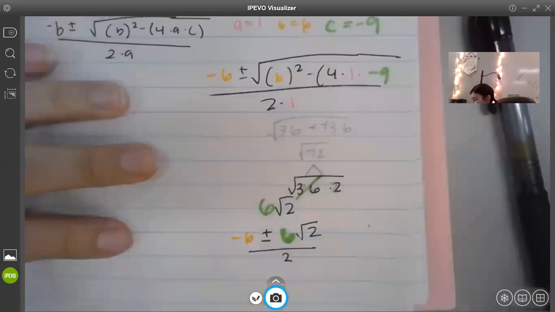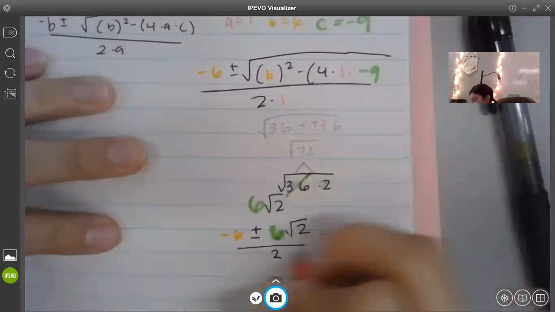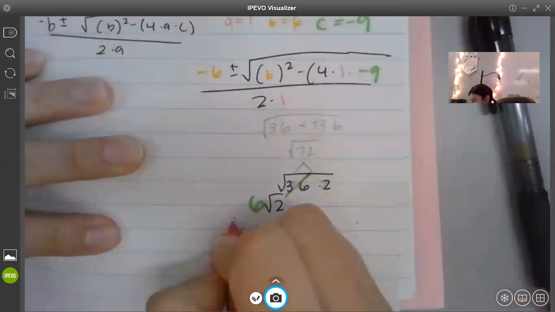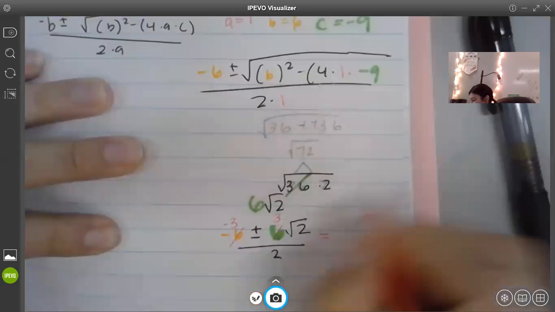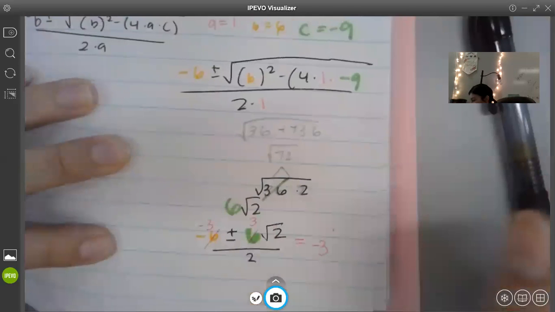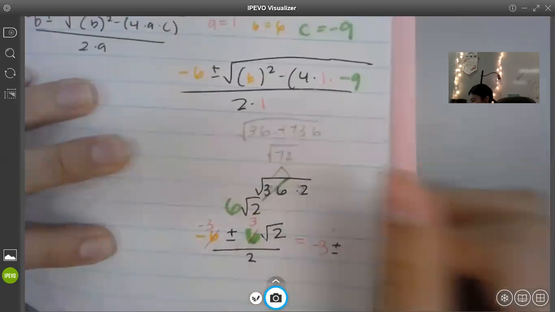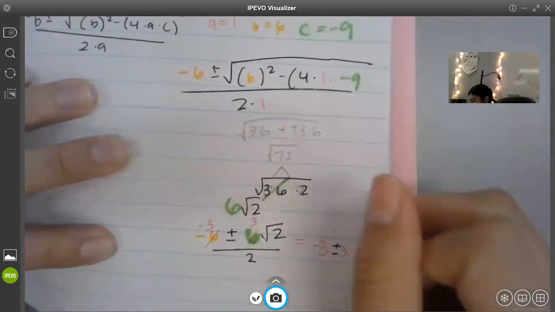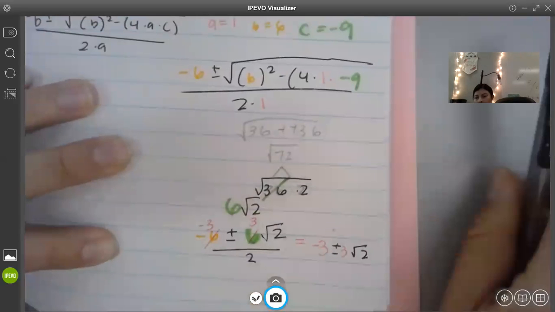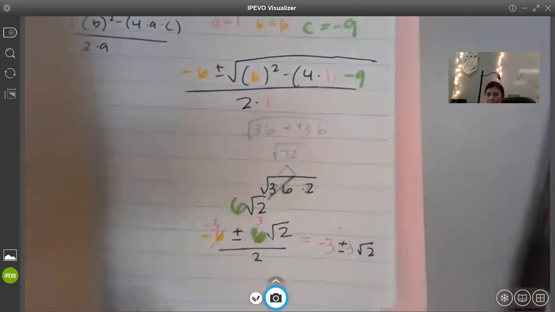And then now I'm going to simplify because I can divide everything by 2. I can divide this by 2 and get -3, this by 2 and get a 3. So my answer is -3 plus or minus 3 times the square root of 2. That would be my final, most simplified answer.